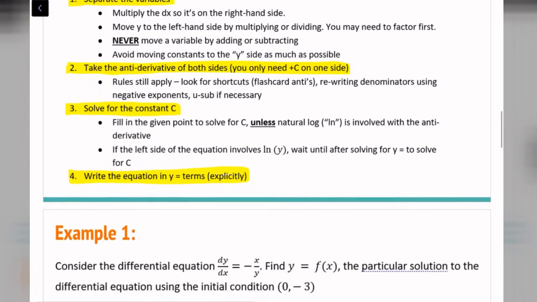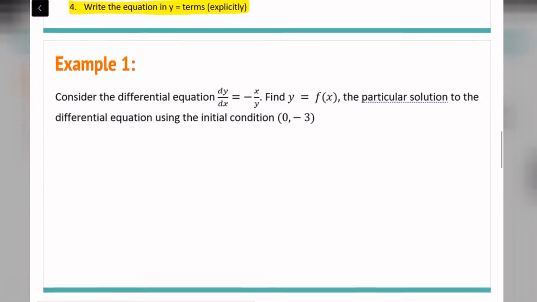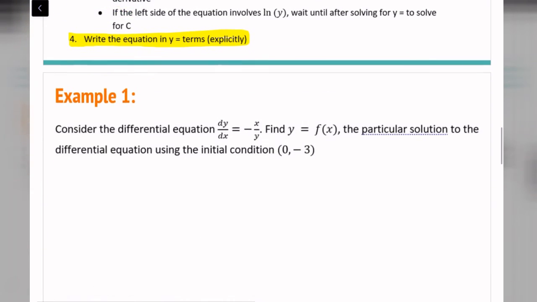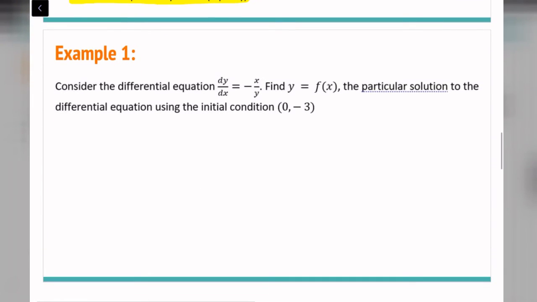So what do I mean by separate the variables? We want to get our dy's, everything that has a y, on one side and everything that has the x on the other side. So consider the differential equation dy dx equals negative x over y. Then it says find y equals f of x. So this means put it in y equals at the end.